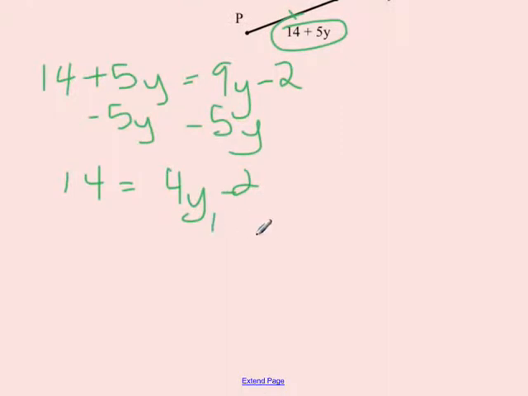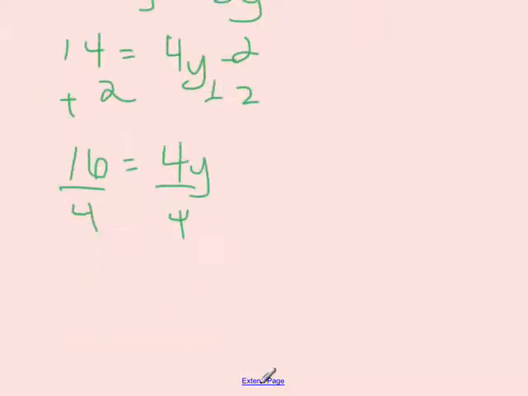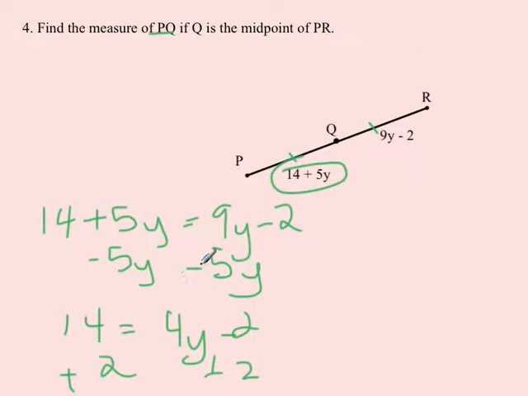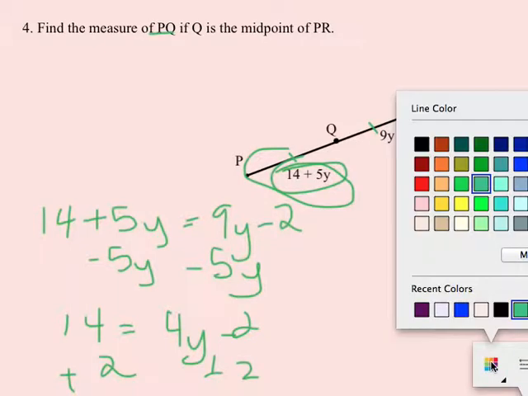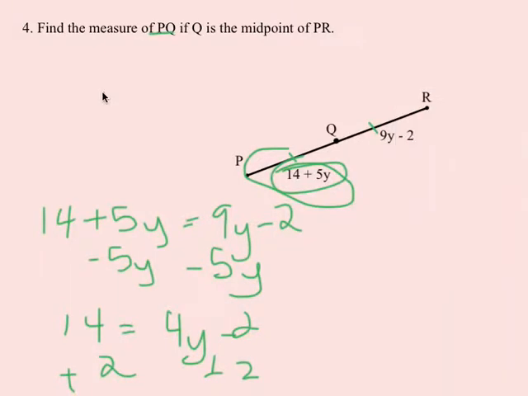Then I'm going to go ahead and add 2 to both sides to get that y by itself. 14 plus 2 is 16, and then I get 4y. So I'm going to go ahead and divide both sides by 4. 16 divided by 4 is 4. Now that's what y is equal to. But that's not my final answer because I need to know what the length of PQ is. So what I'm going to do is take the expression that I know represents PQ and substitute in what I know y is.